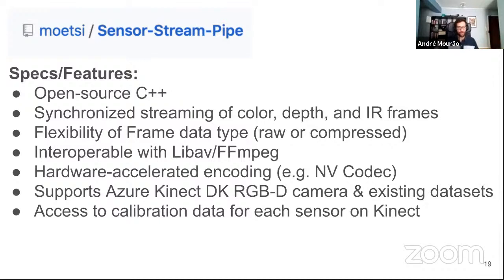Right now, it is built to support the Azure Kinect DK RGBD camera and also some existing datasets, so you can test the impact of SSP on existing data. And as I said before, metadata such as the calibration data is part of the synchronized streaming and of the network packages. So the calibration data for all your frames arrives on your processing server as it was sent from the device.